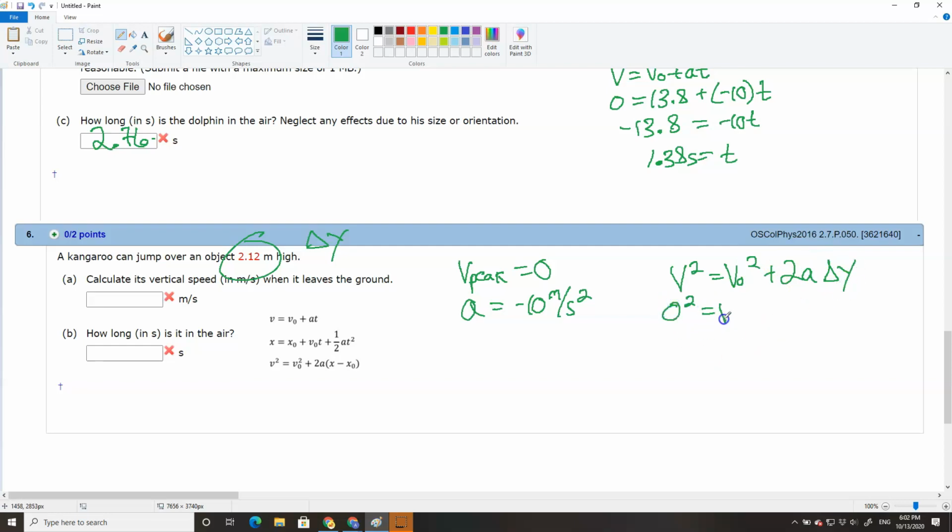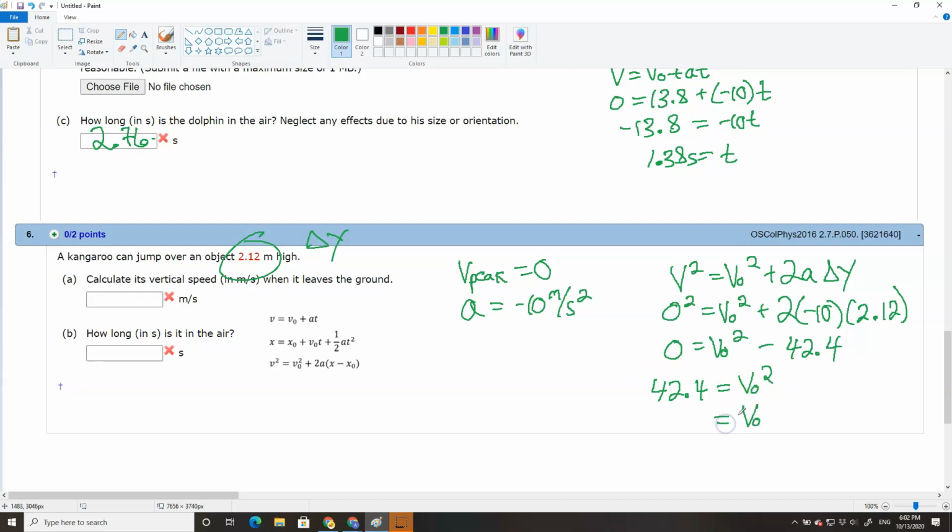So 0 squared is v naught squared plus 2 by negative 10 by 2.12. And that will give us 0 is v naught squared minus 42.4. Move the 42.4 over, take a square root. The initial velocity is 6.51.